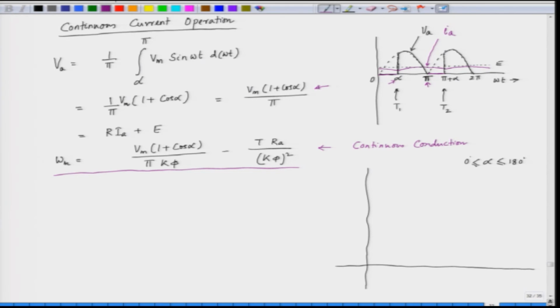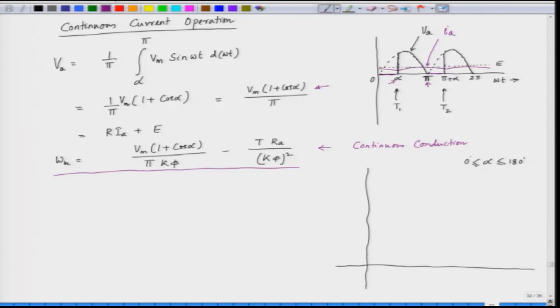So, in case of a half control converter, the average armature voltage can never become negative. This is a one quadrant converter, it can operate only in one quadrant, because the average voltage cannot be negative. There is a freewheeling path, so the voltage will come down to 0.